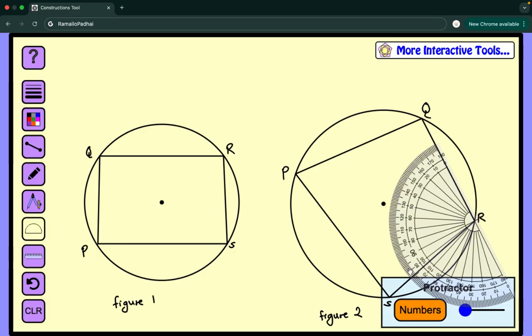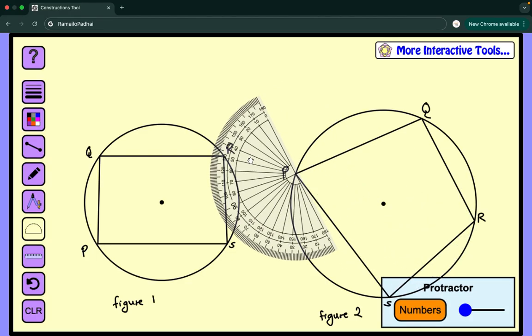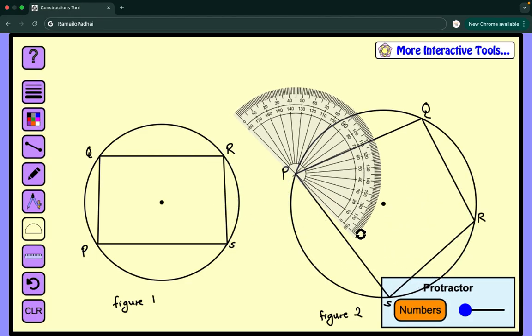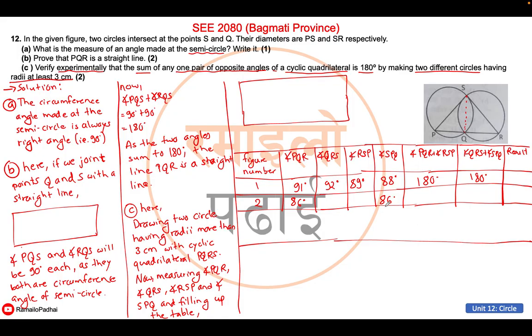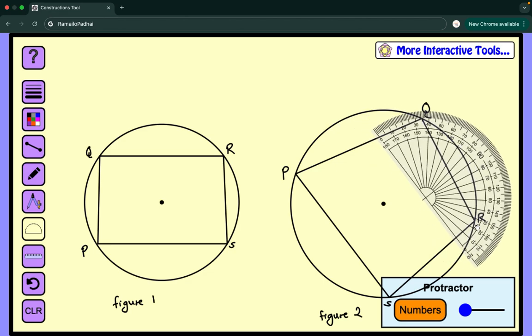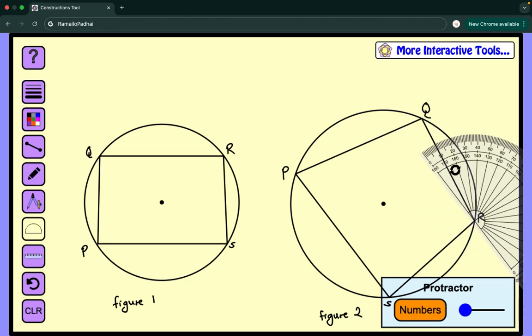This is 90 and how much was SPQ? Oh sorry, SPQ was 76 degrees. I made a mistake here. SPQ was 76 degrees, and 76 from 180, so it should be 104 degrees.